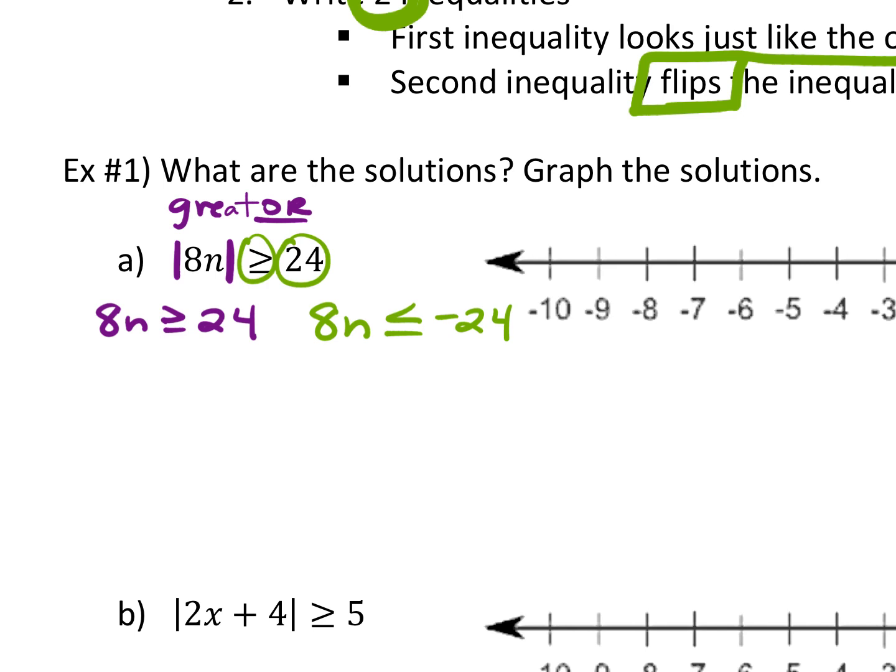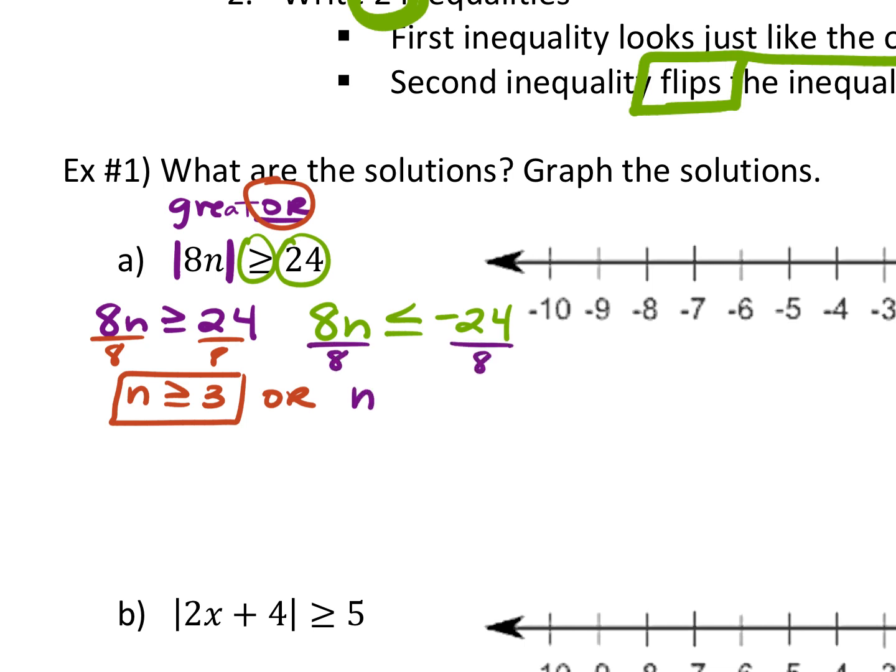So when we solve these, divide by 8, you get n is greater than or equal to 3. Or, it's an or problem, right? Divide by 8, n is less than or equal to negative 3.